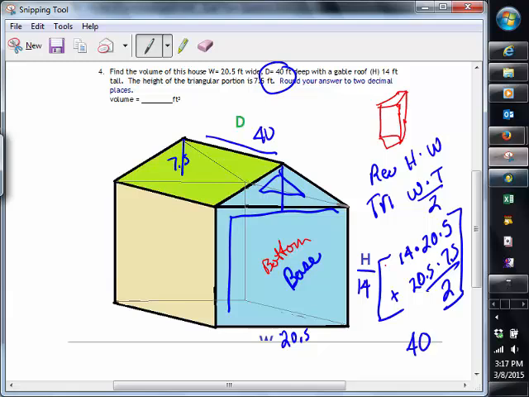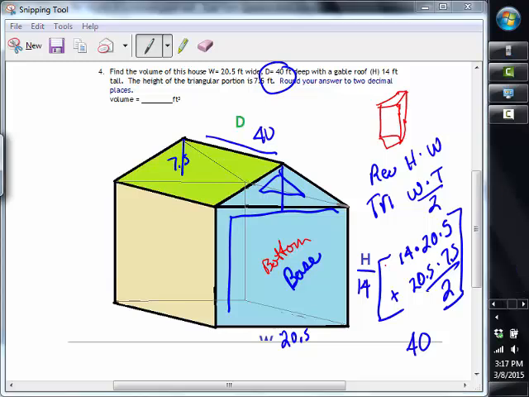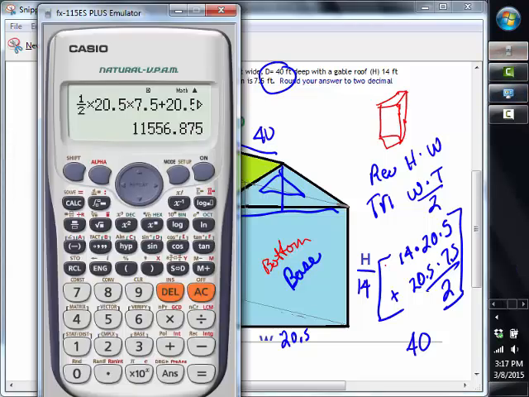Okay, so the first thing we're going to do is our parentheses. 14 times 20.5 plus a fraction 20.5 times 7.5 over 2.